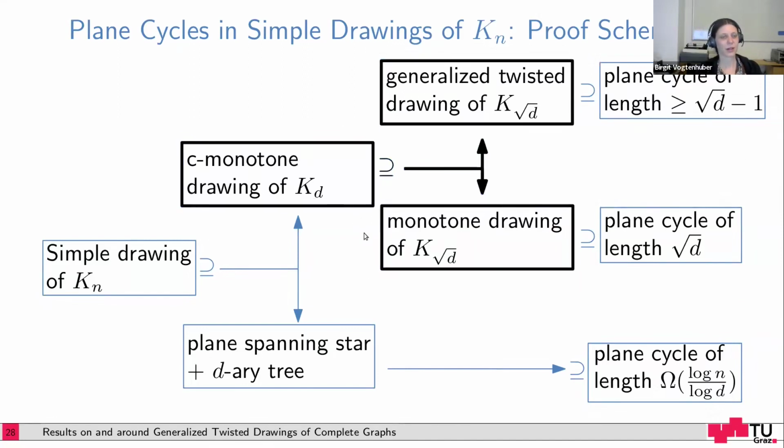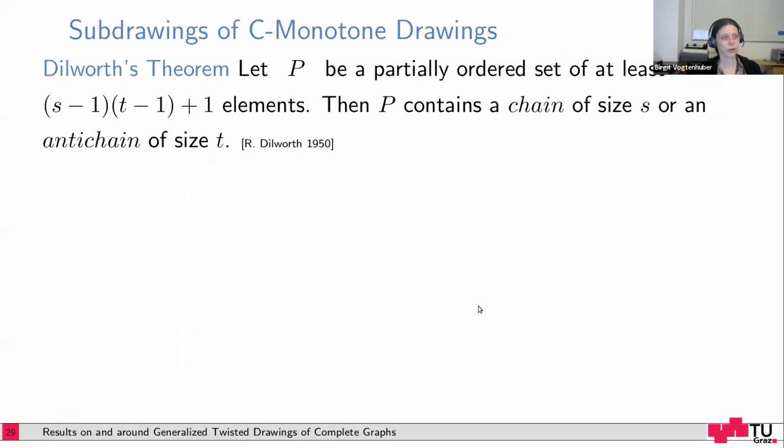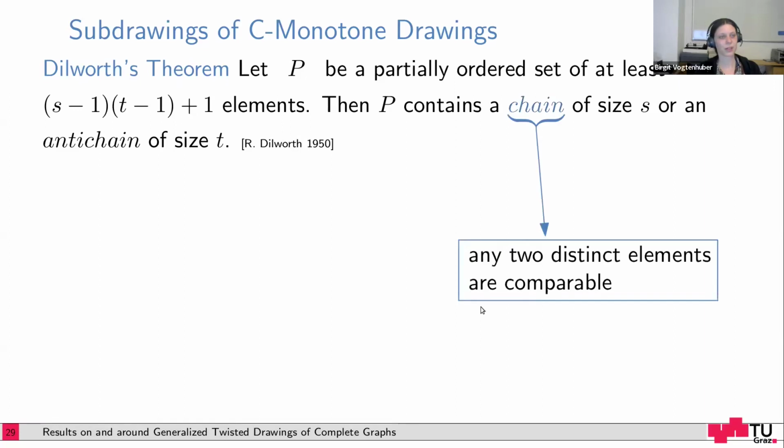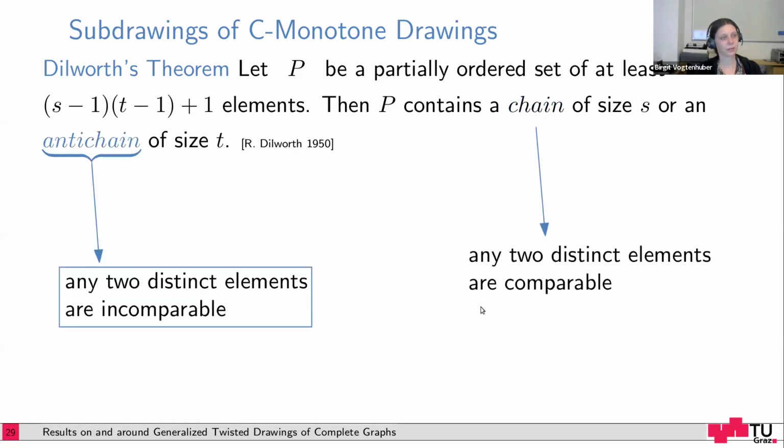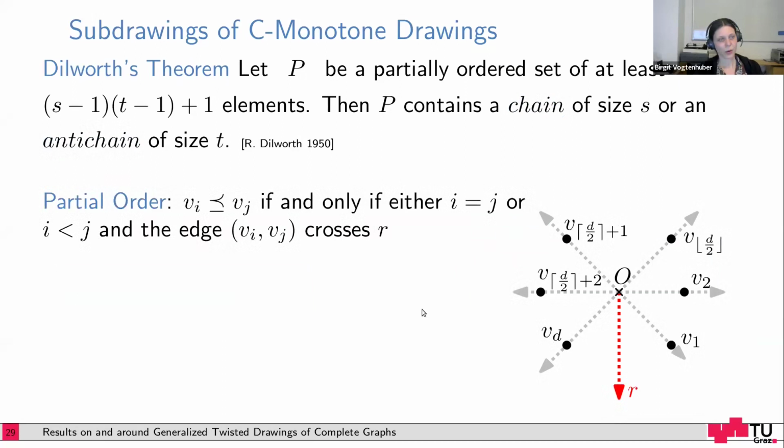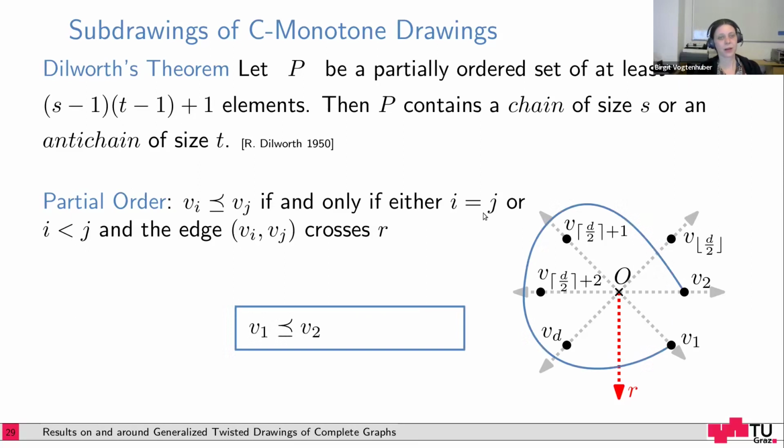For showing this implication, so every circularly monotone drawing contains one of those, we can use Dilworth's theorem by defining a partial order on the vertices and saying we relate two vertices if i is smaller than j in this partial order and the edge crosses the ray, or if they're the same, and otherwise we don't relate them.